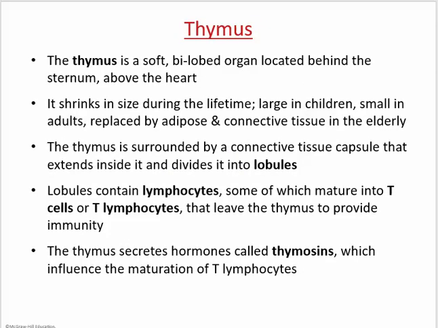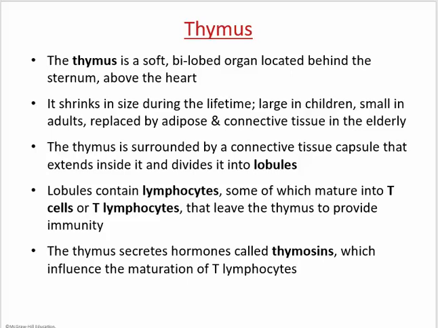So we're going to talk about the thymus in a little bit when we talk about the lymphocytes in adaptive immunity, but it's considered a lymphoid organ. It is found behind the sternum and above the heart. In children, it is very active. This is where your immune system learns what to do.